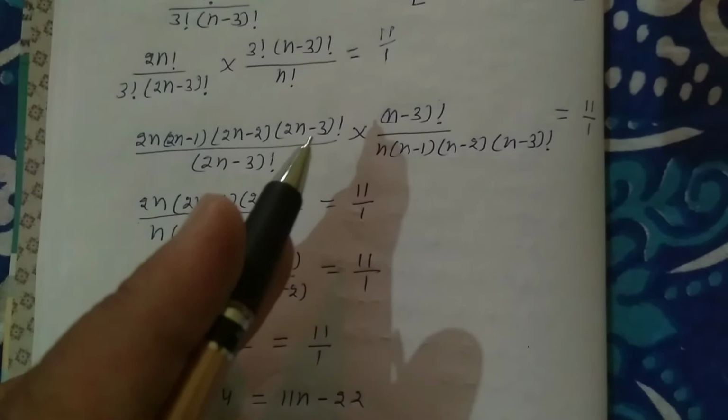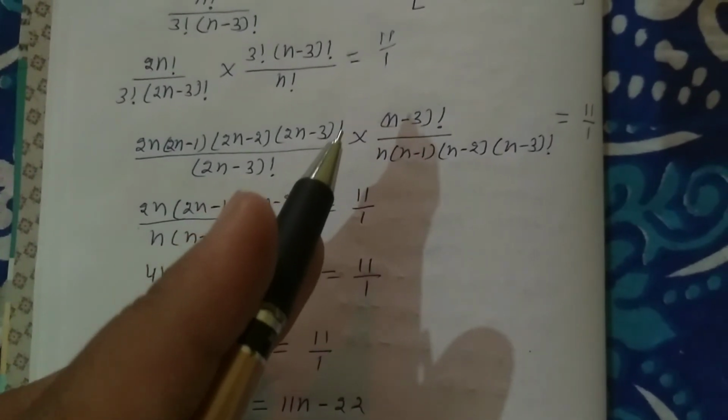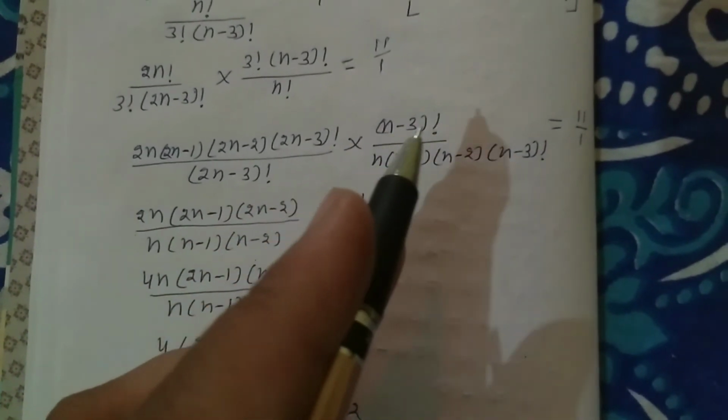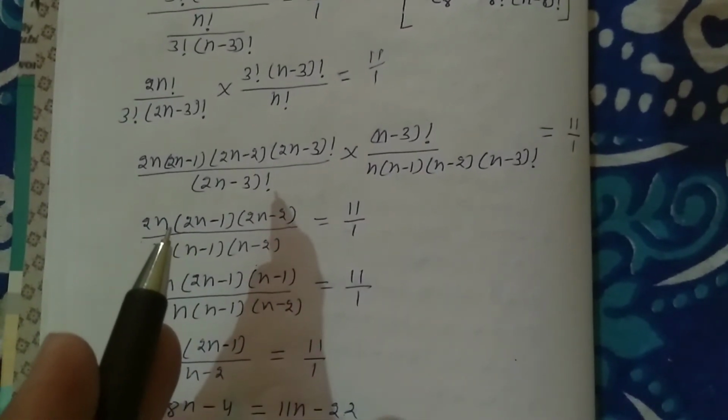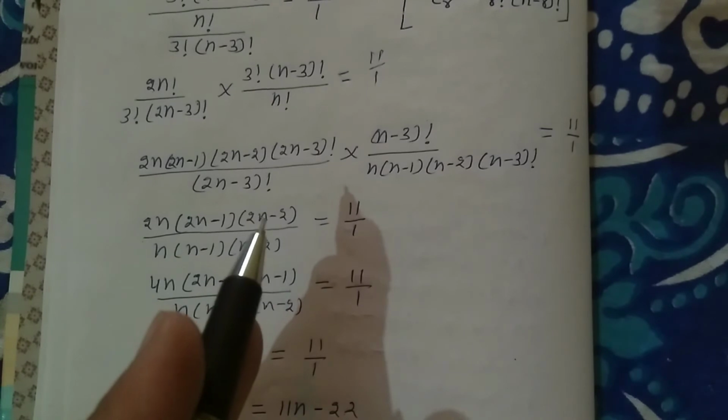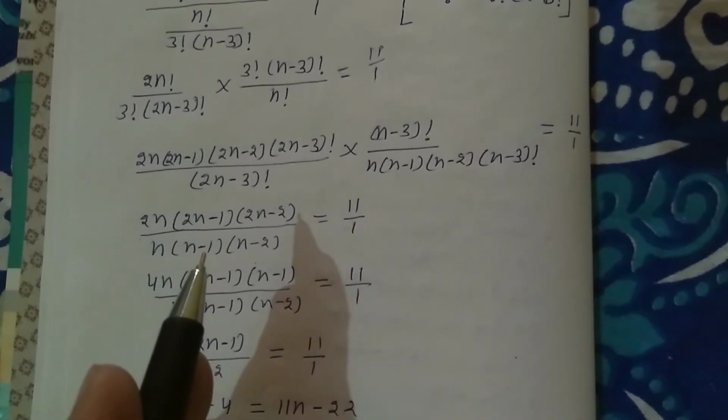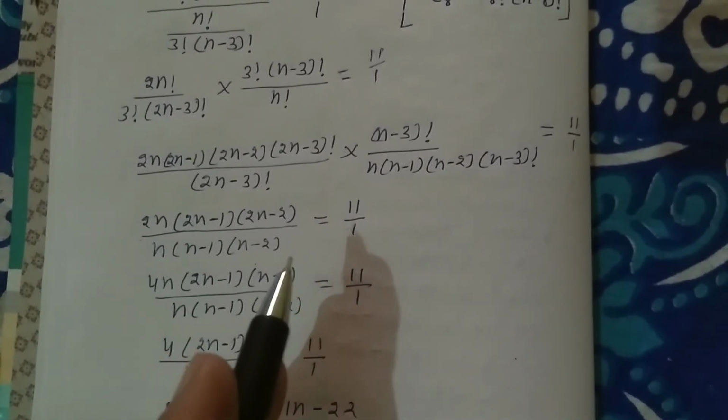The (2n minus 3)! cancels out, and (n minus 3)! cancels out, and this is expressed as 2n(2n minus 1)(2n minus 2) upon n(n minus 1)(n minus 2) is equal to 11 upon 1.